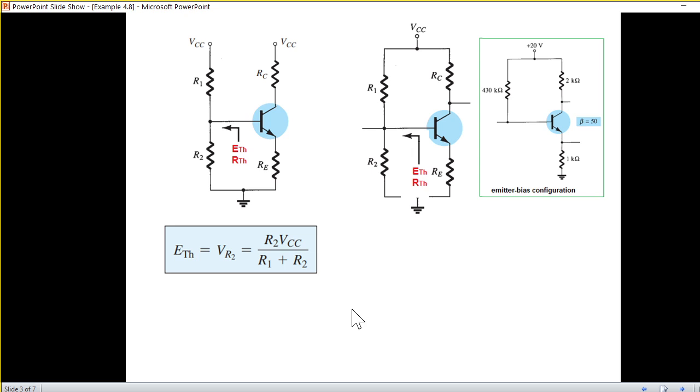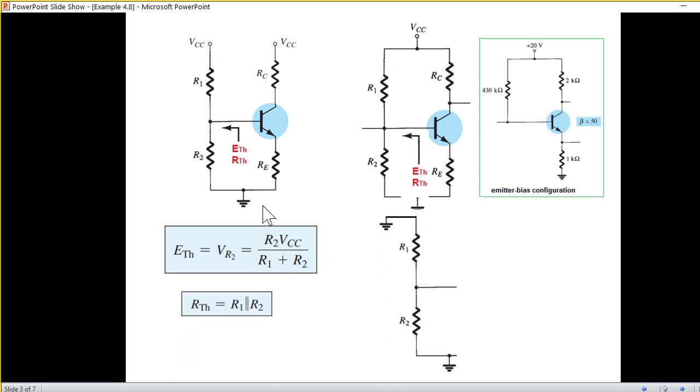We'll use this formula. And now for R Thevenin, I hope you recall that for R Thevenin, we short circuit the source. So the voltage source is grounded, and therefore if you look carefully, R1 and R2 are in parallel because this is ground. So we'll solve them in parallel to find the R Thevenin.